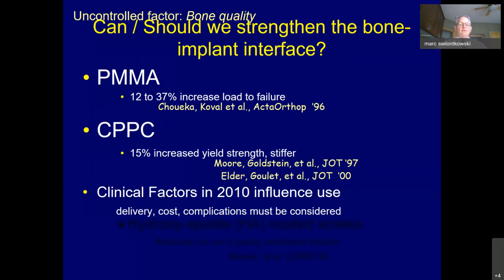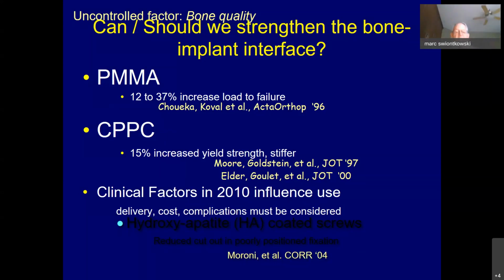You can also use some calcium phosphate type cements like Norian, which is marketed by Synthes, and you can see increased load to failure there as demonstrated in a couple of publications. But the clinical factors, whether you have these alternatives available, and the cost of them has to be considered.